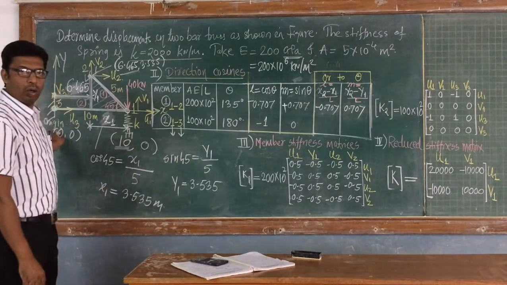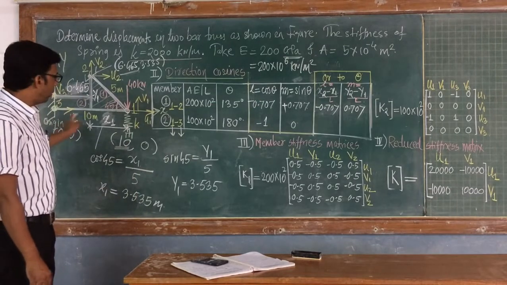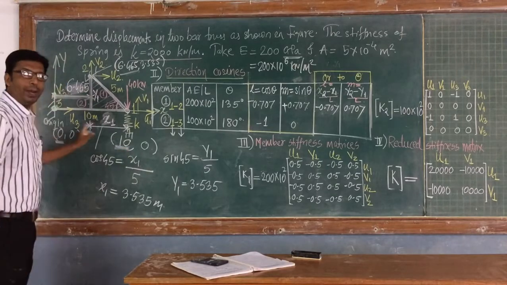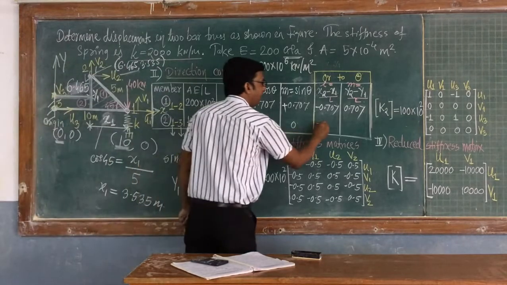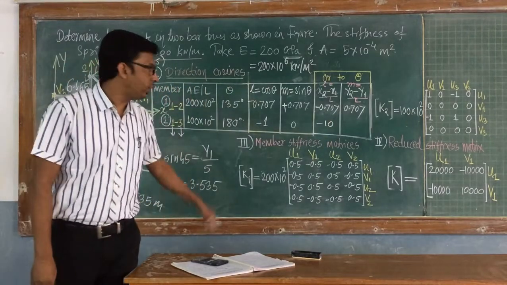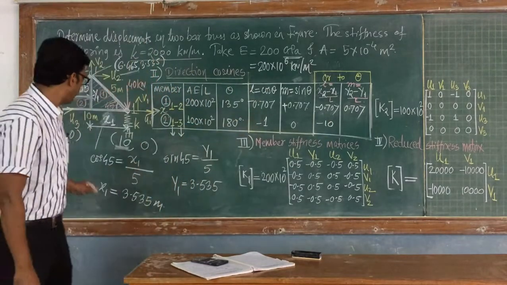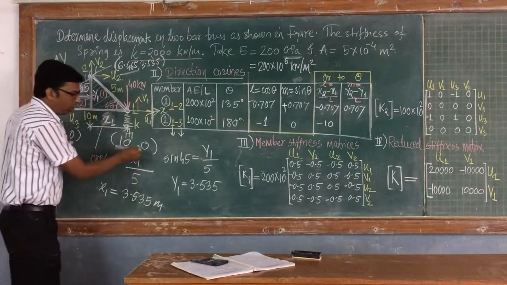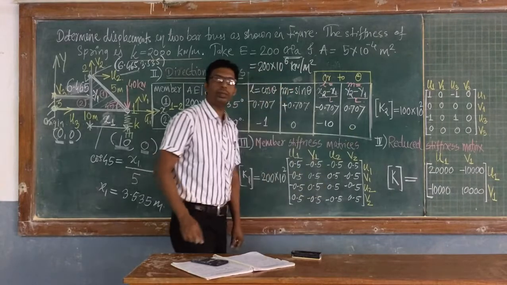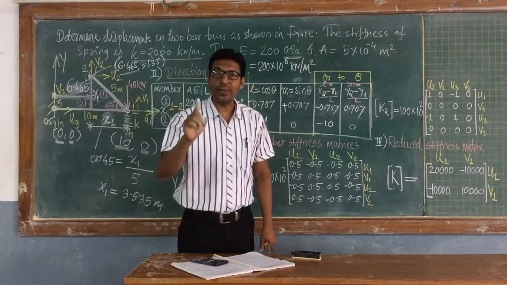So 0 minus 10 is minus 10, and 0 minus 0 is 0. Length of second member.